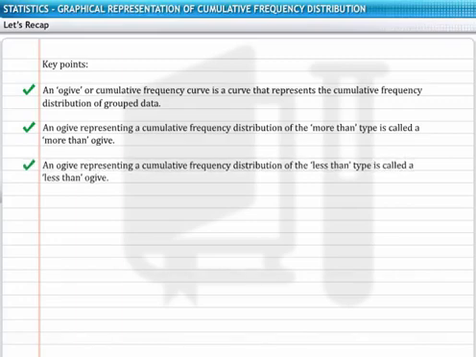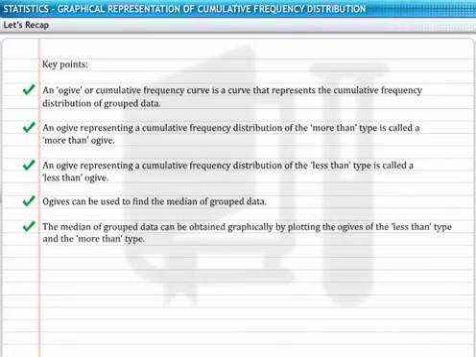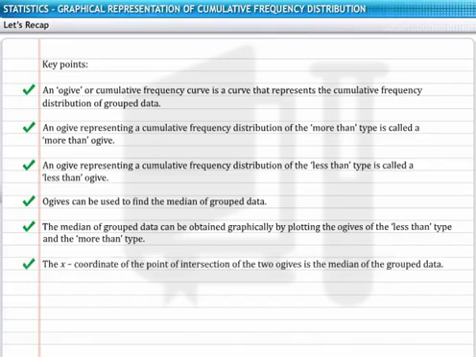An ogive representing a cumulative frequency distribution of the less than type is called a less than ogive. Ogives can be used to find the median of grouped data. The median of grouped data can be obtained graphically by plotting the ogives of the less than type and the more than type. The x-coordinate of the point of intersection of the two ogives is the median of the grouped data.